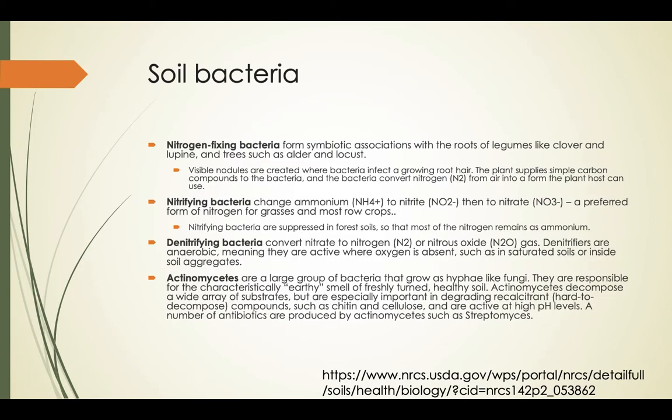Now, let's take a look at some of the soil bacteria that we can expect to isolate from soil samples. If we really did our activity face to face, we can expect to see some representative soil bacteria. These are some of the more popular examples of soil bacteria that are expected to be present in the soil. So we have nitrogen-fixing bacteria, those that have symbiotic associations with plants, especially the legumes.